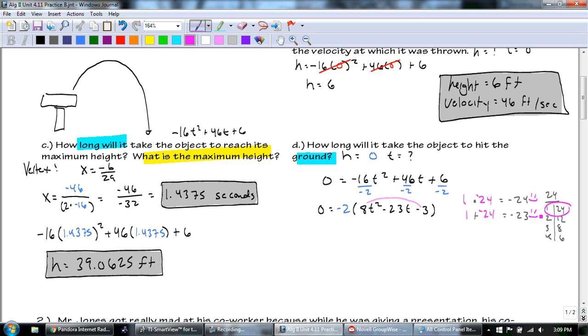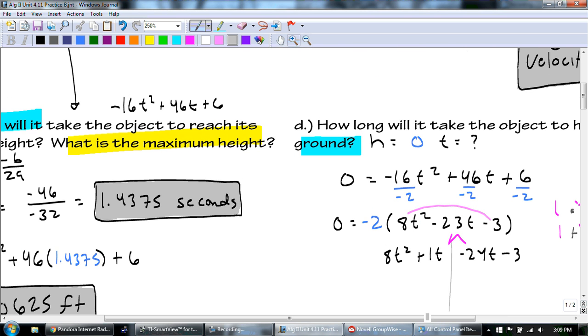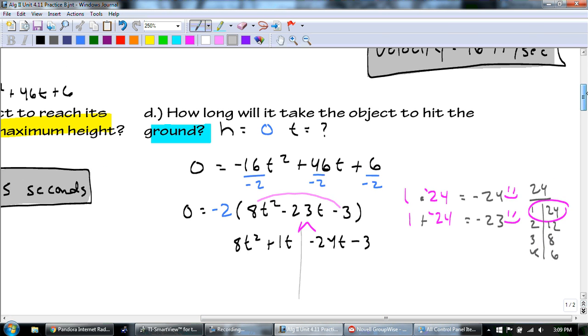Remember, it's got to work for both. Okay? So I split that middle term, 8t squared plus 1t minus 24t minus 3. We can zoom in here if you want to, so I can actually write a little bit nicer. Sorry.